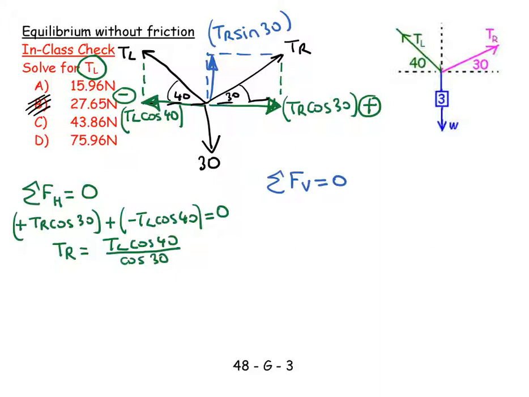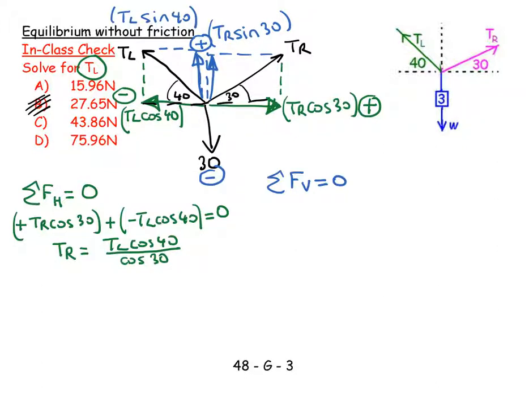And if I take the T left and I again imagine the component, I've drawn these the same length, it's not a big deal. This would be T left sine 40. This is a positive end and this is a negative end of my axis.